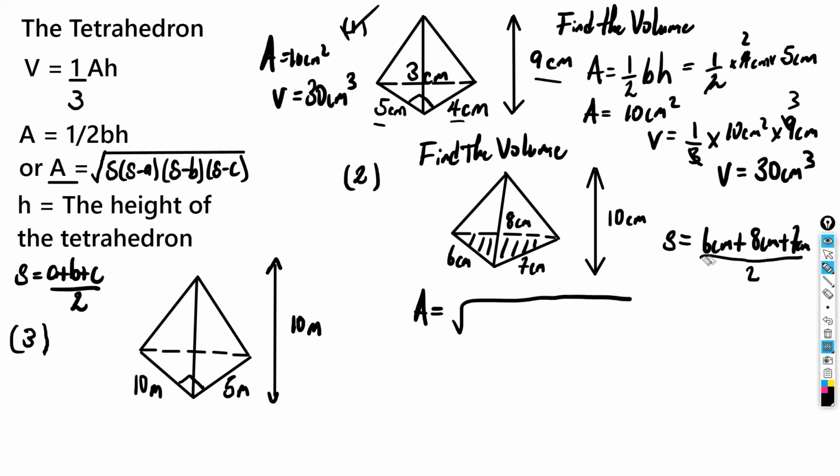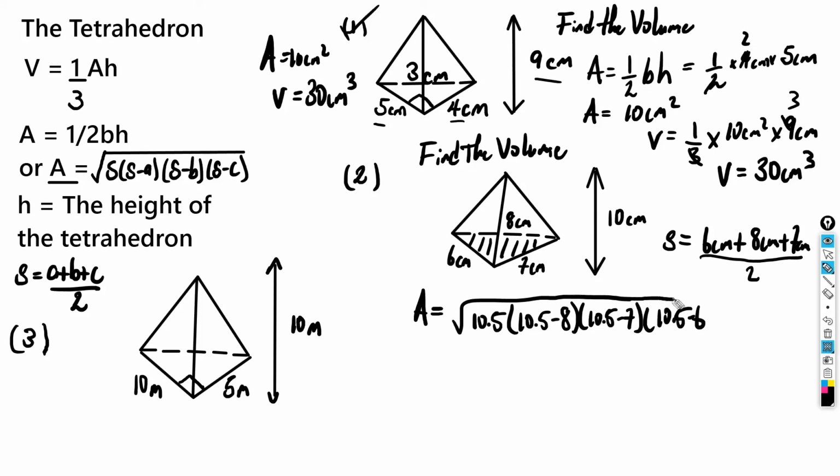Cool. So 6 plus 8 would give us 14, right? And 14 plus 7 would give us 21. So it's 21 over 2, which is 10.5. That's what S is. So 10.5 times 10.5 minus 8, times 10.5 minus 7, times 10.5 minus 6.